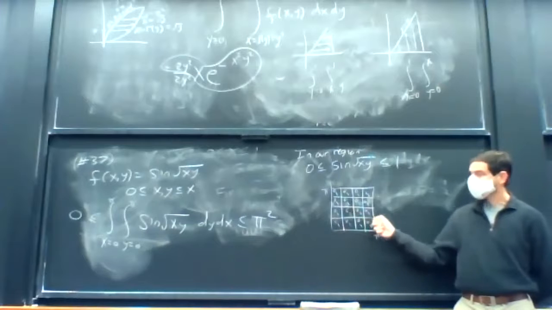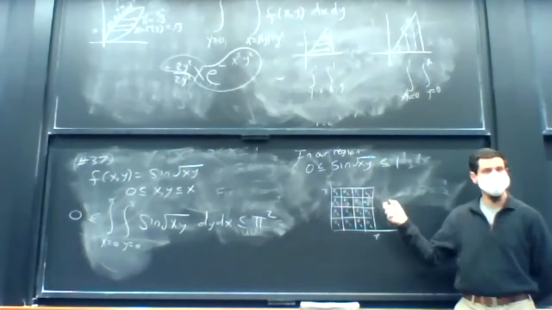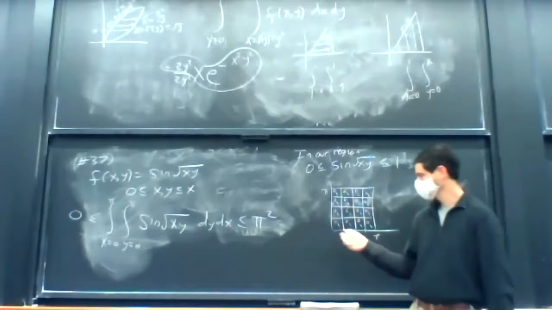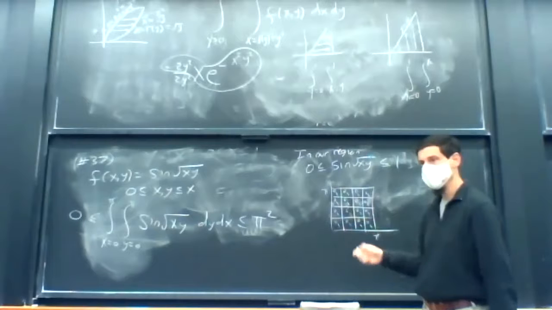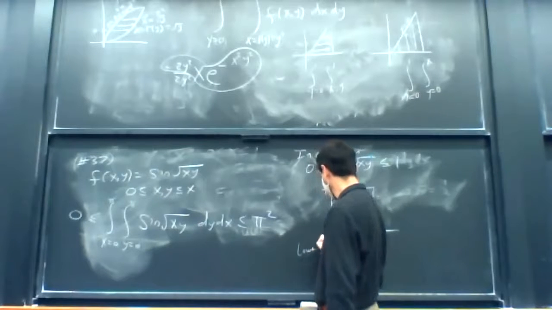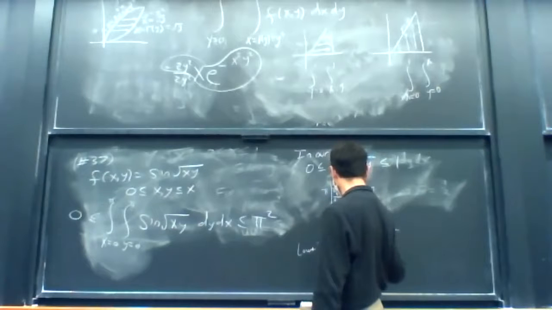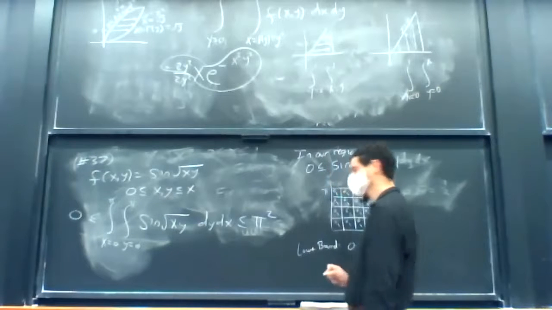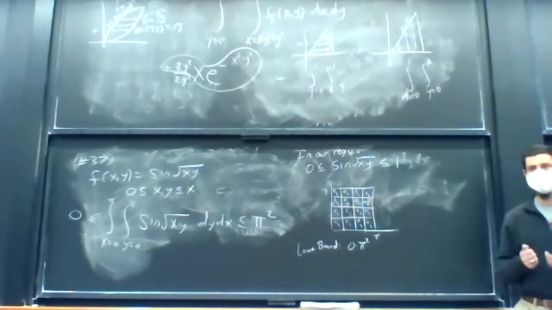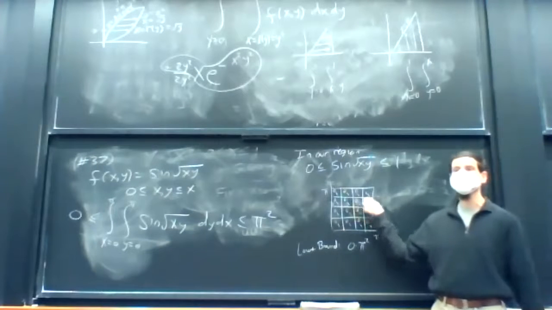And so if I add up all the areas, what's the area going to be of the square? It's just going to be pi squared. Right? It's pi by pi. So the lower bound is going to be 0 times pi squared. And again, this is a really simple case because I have the same lower bound for each square.